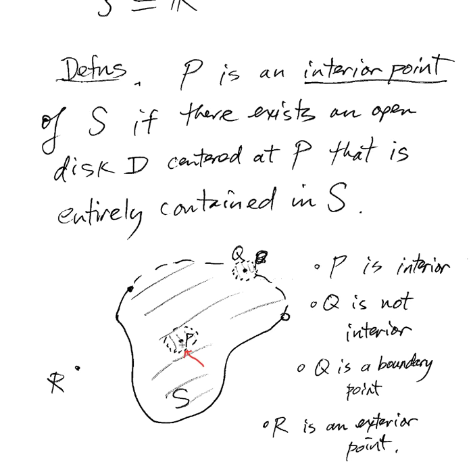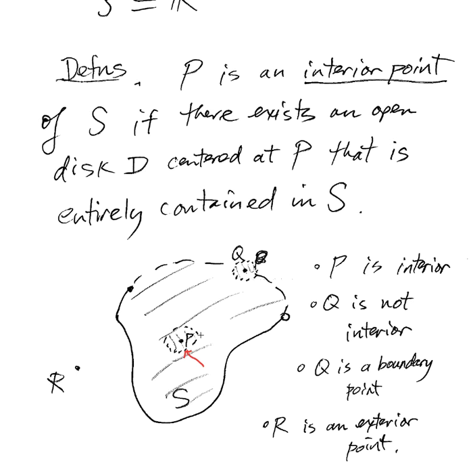That point P is an interior point to the set S because I can center a little open disk at P and have that entire open disk contained within S. So that point P must be an interior point to S by definition.